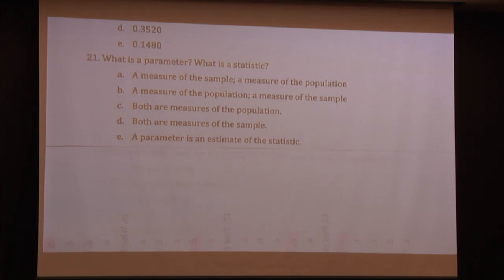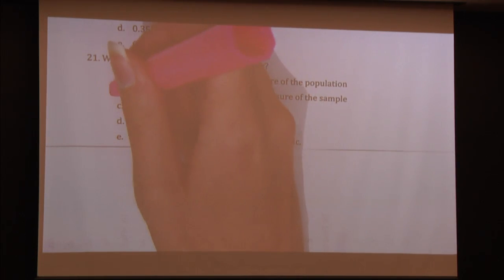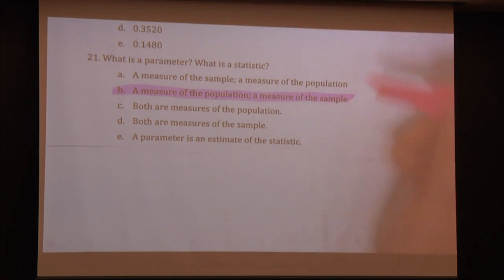So, I asked you about a parameter versus a statistic, sort of comparing them. Which of these statements is most correct, we'll say? So B, a parameter is a measure of the population, and a statistic deals with the sample.